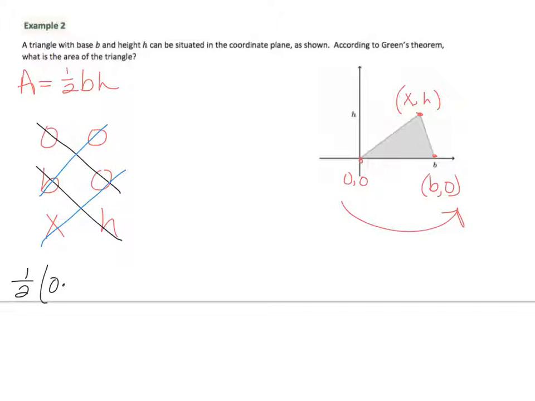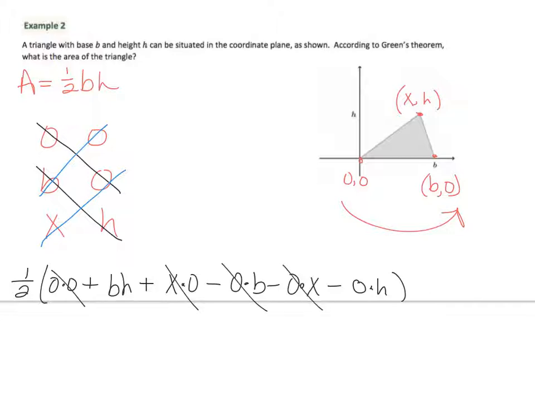So 0 times 0 plus B times H plus X times 0 minus 0 times B minus 0 times X minus 0 times H. So get rid of all the junk, and I'm left with 1/2 base times height. It's like magic.